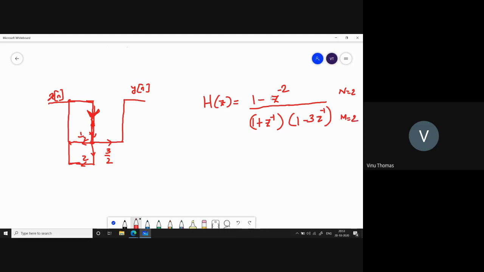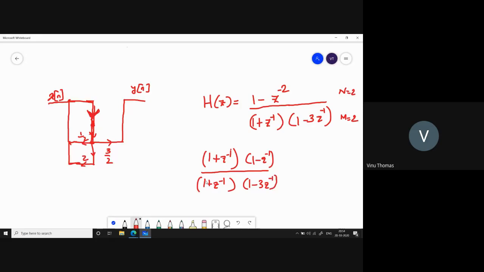But you can see that you can actually factor the numerator and write this as 1 plus z raised to minus 1 into 1 minus z raised to minus 1. This is a plus b into a minus b is a squared minus b squared, right? Divided by 1 plus z raised to minus 1 into 1 minus 3 z raised to minus 1.